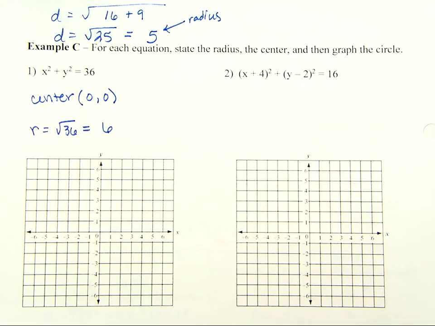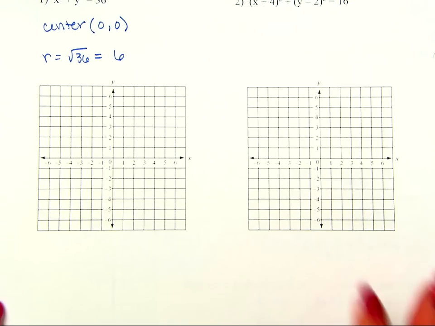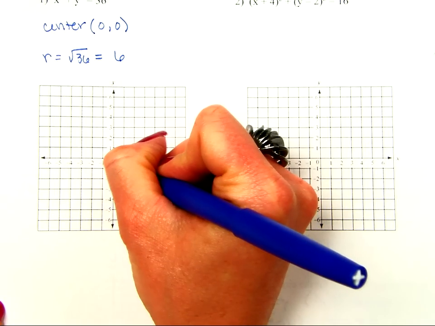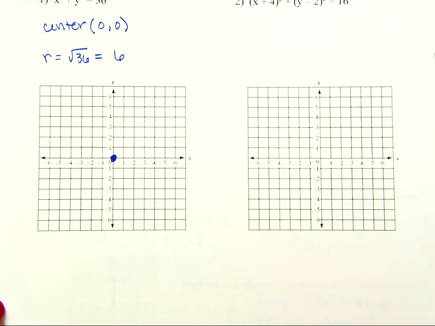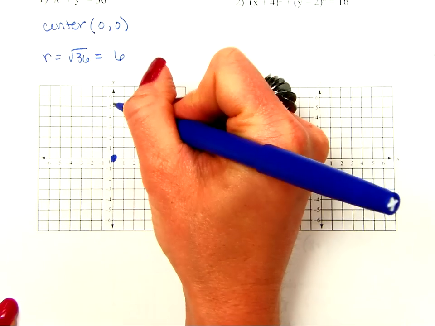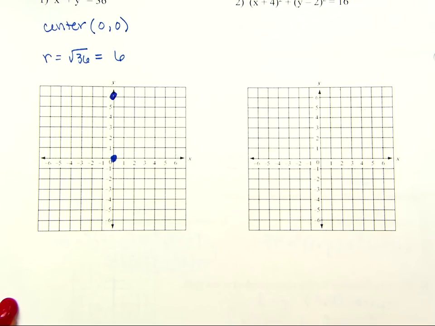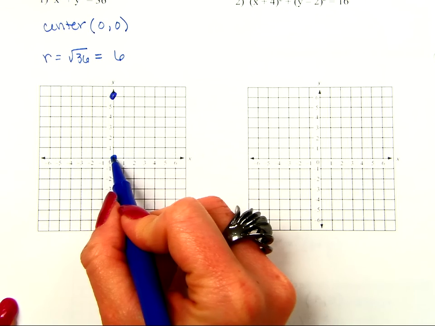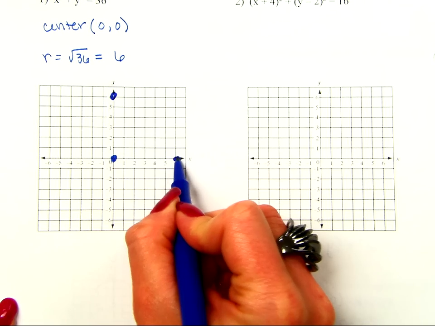Now, how am I going to graph that? We're going to do a sketch of it. It won't be exact, but I can get a general idea. I know that this is centered at (0, 0). Now, if it's a radius of 6, I know that if I went up 6 here, it would intersect this point. If I go directly over 6, it would intersect. Down 6, to the left 6.